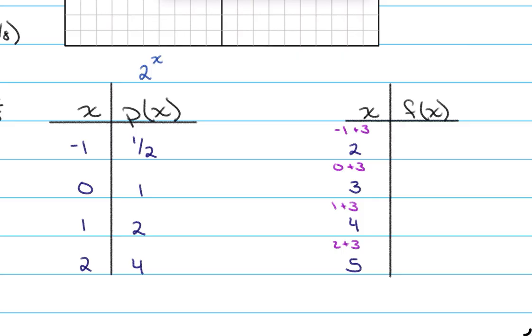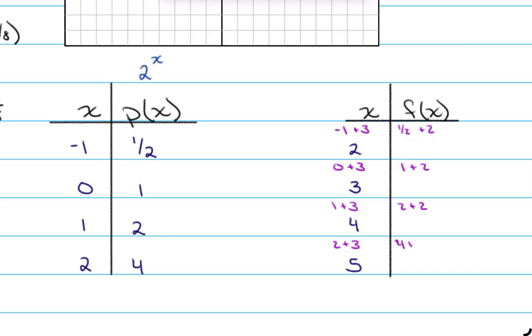Then I am going to take all of my y values, these guys, 1/2, 1, 2, 4. I'm going to take all of those and add 2 to them so I can bump them up 2 units. Okay, the y values control the up and down. So I'm going to have 1/2 plus 2, 1 plus 2, 2 plus 2, and then 4 plus 2.